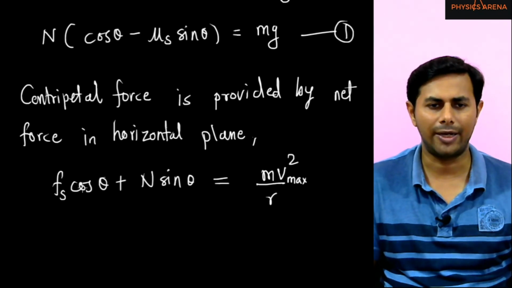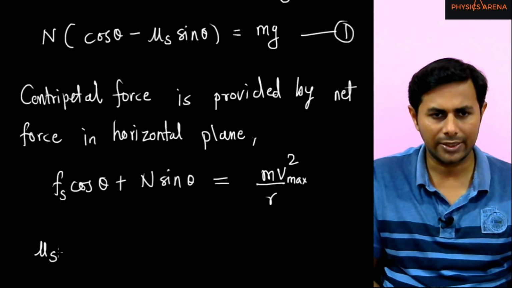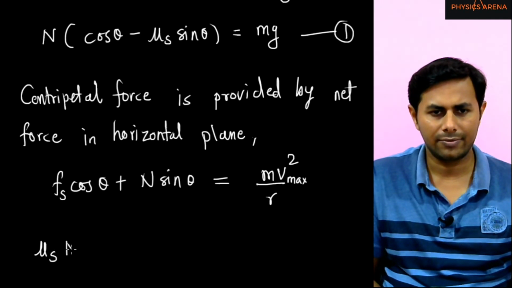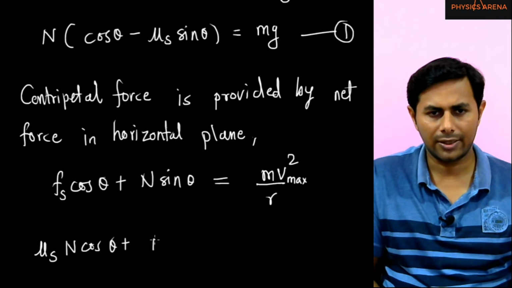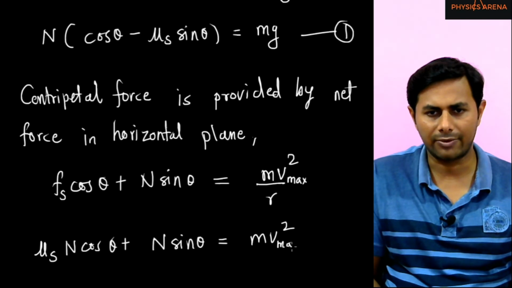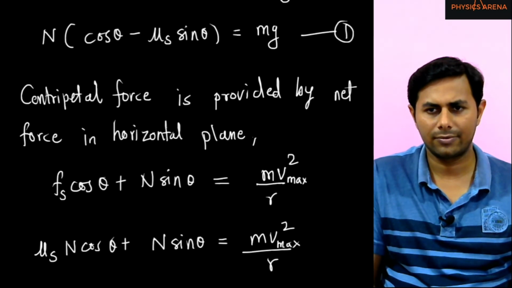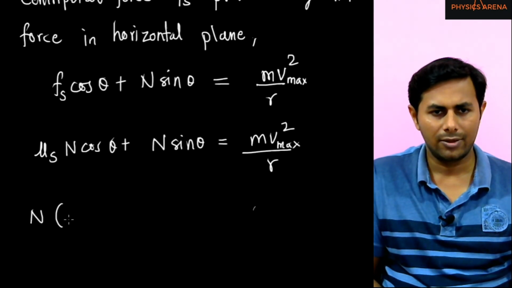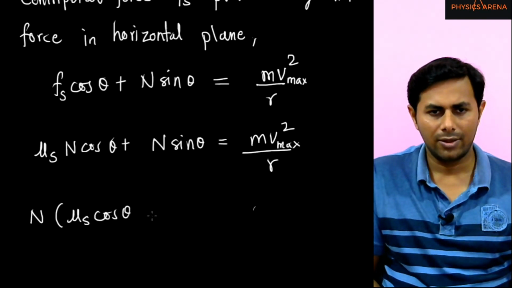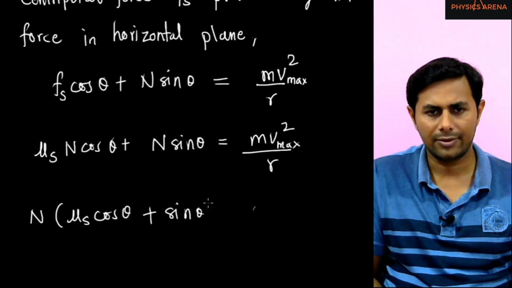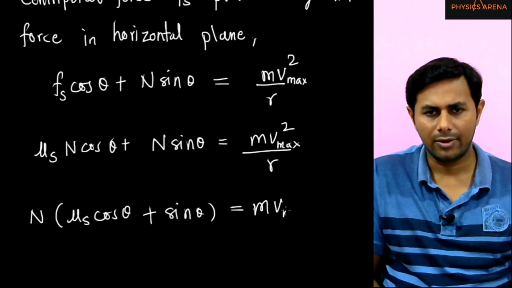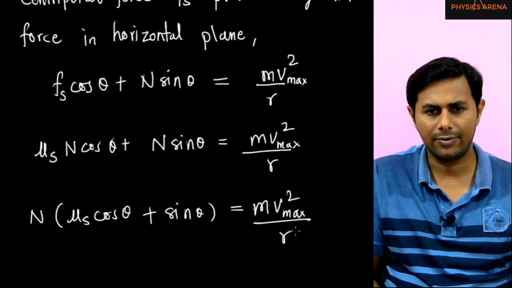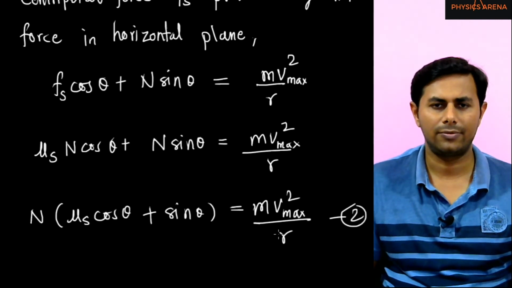So this is mu s times N cos theta plus N sin theta, equal to m v max squared over r. Taking N common, I get N times (mu s cos theta plus sin theta) equals m v max squared over r, and this is my equation number 2.